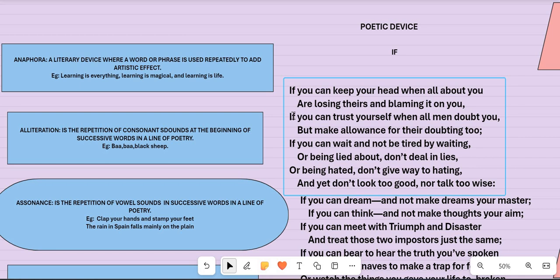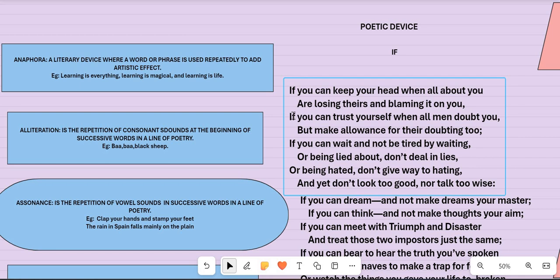Now, we include poetic devices in a poem because they make the poem more interesting, exciting, entertaining. Rather, people easily get attracted to the concept because you enjoy the poem mainly because of these elements that you find in poetry.